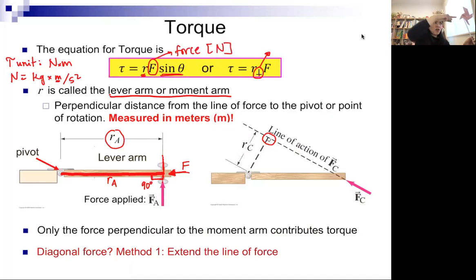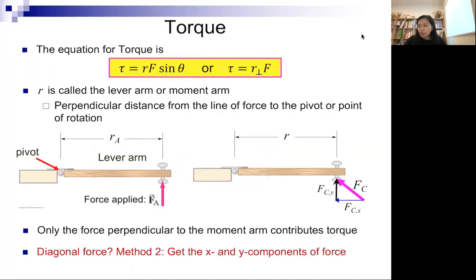And notice how your horizontal force goes directly through your pivot point. Your moment arm is 0. So this horizontal force doesn't contribute to the torque, whereas the vertical component of the diagonal force is actually what will contribute to the torque.